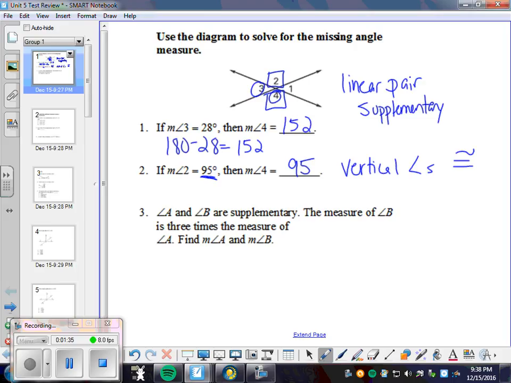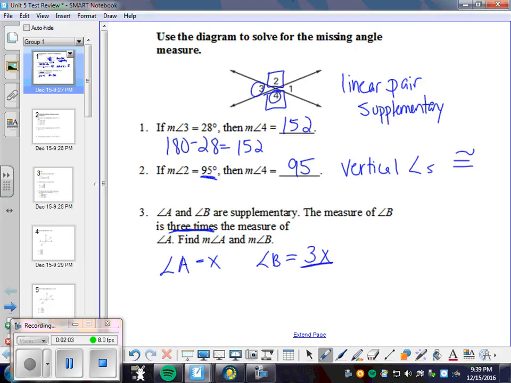Okay, number 3. A and B are supplementary. The measure of B is 3 times the measure of A. So you've got angle A, we'll say is X. Then the measure of angle B is going to be 3 times that measure. So we've got X for A, 3 times the measure of A for B. So 3X.